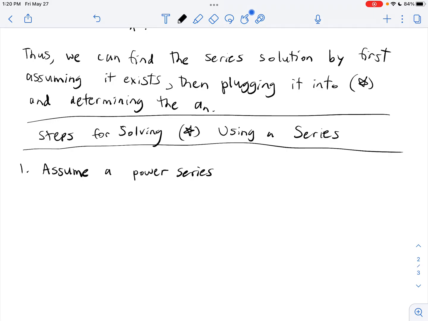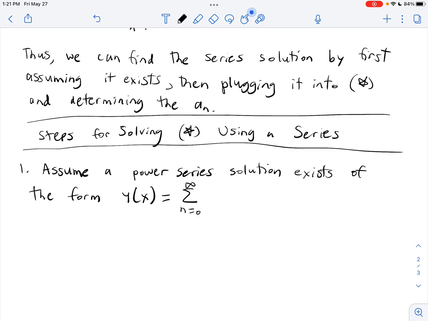Assume a power series solution exists of the form y of x equals the sum of a n times x minus x naught to the n, where x naught is an ordinary point.